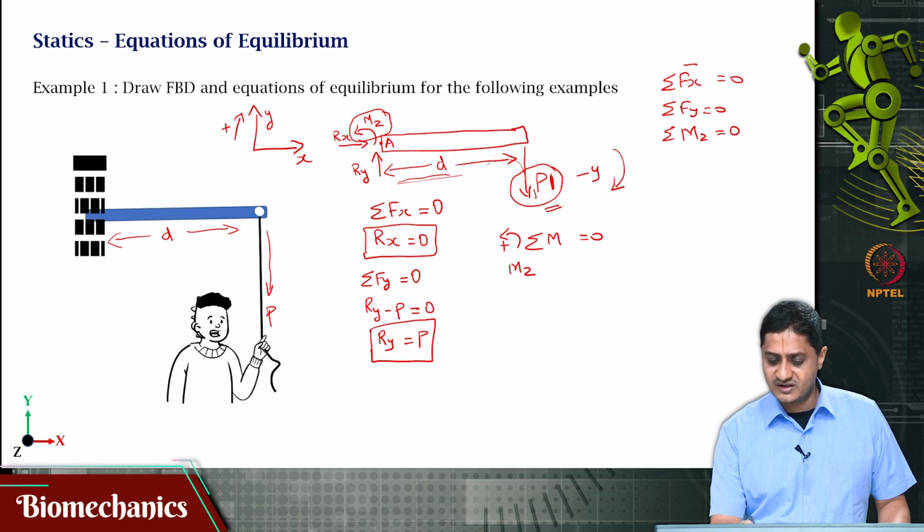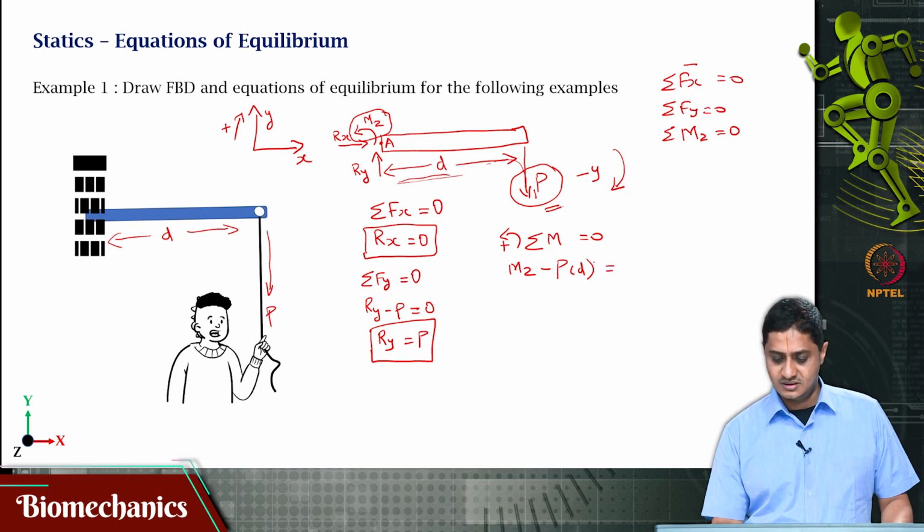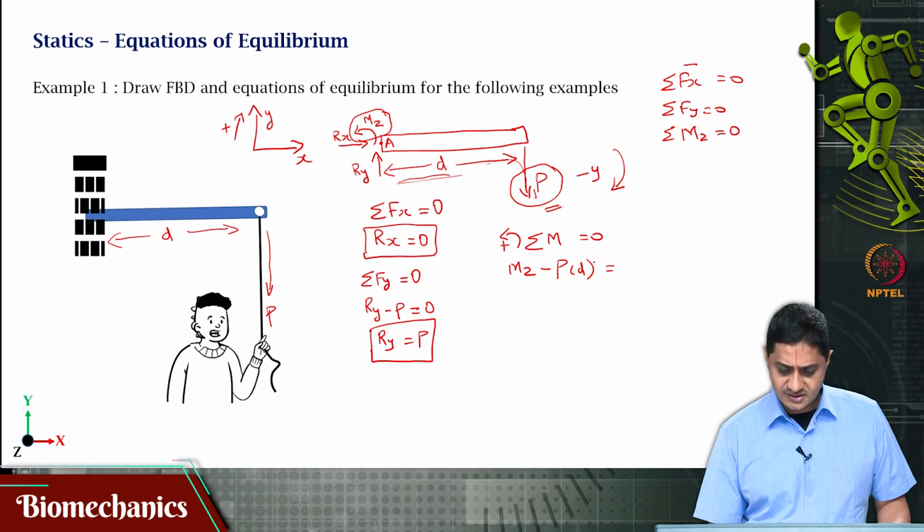Because of that reason, it will cause a tendency to rotate this beam in the clockwise direction. Because of this reason, this would be minus P times the distance d, and I am calling this as mz.